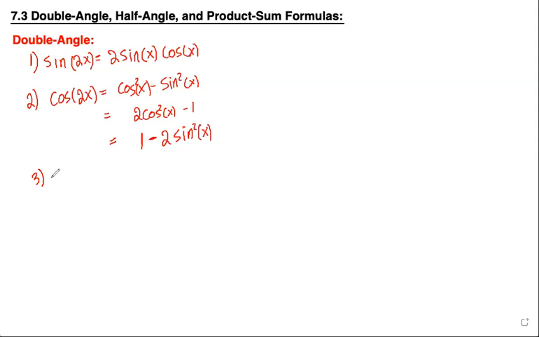Third one is the tan of a double angle: tan of 2x is equal to tan x over 1 minus tan square of the angle x. So this is for the double angle.